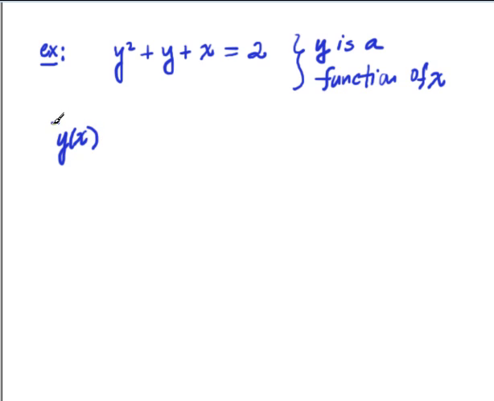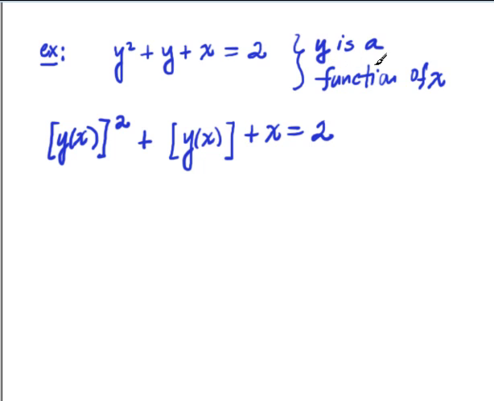So instead of y squared, I'm writing y of x squared, and instead of y, I'm writing y of x. Again, just emphasizing the fact that y is a function of x. Y depends on x. Now let's differentiate this.